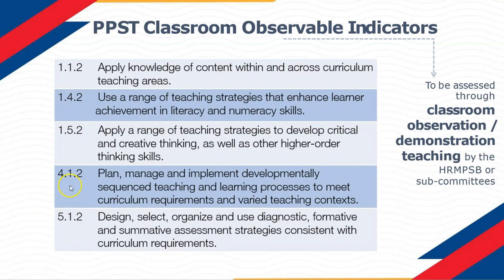Fourth, 4.1.2 plan, manage, and implement developmentally sequenced teaching and learning processes to meet the curriculum requirements and varied teaching context. And last, 5.1.2, which is to design, select, organize, and use diagnostic, formative, and summative assessment strategies consistent with curriculum requirements.